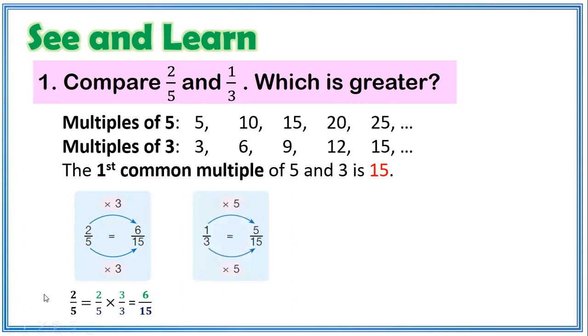Then 1 out of 3 must be multiplied by 5 out of 5 to have a denominator of 15. So 1 times 5 is equal to 5. 3 times 5 is equal to 15. 1 out of 3 is equal to 5 out of 15.